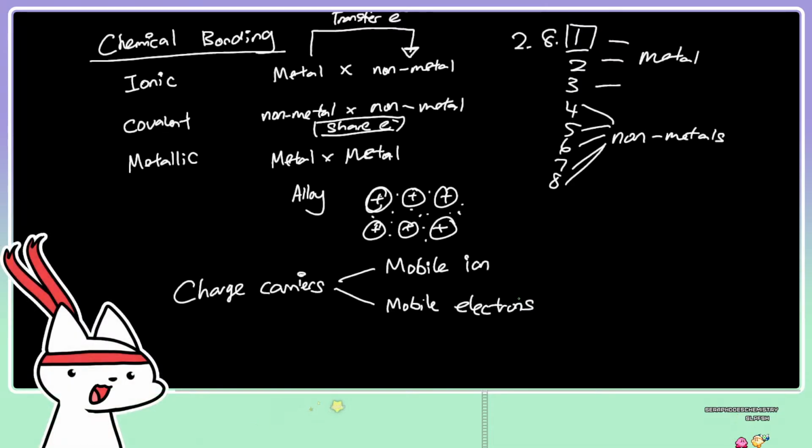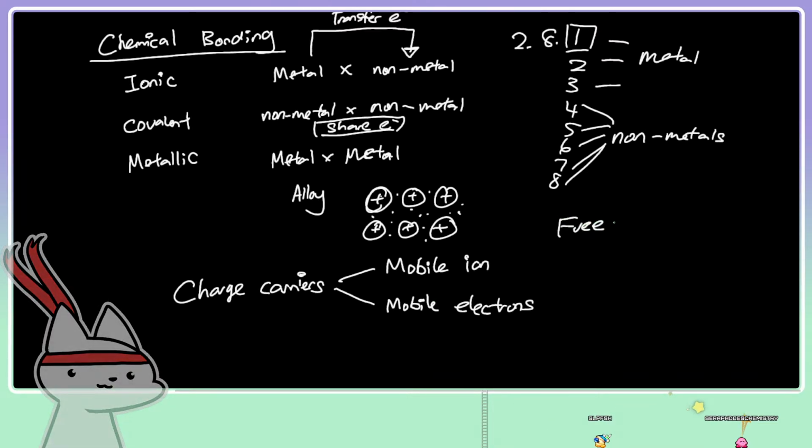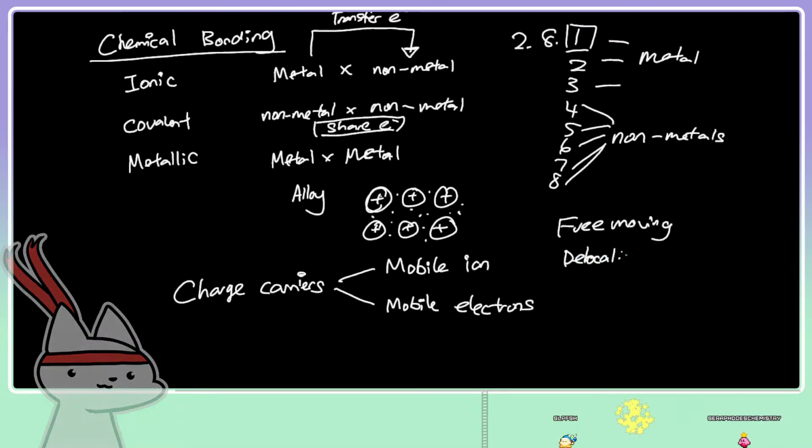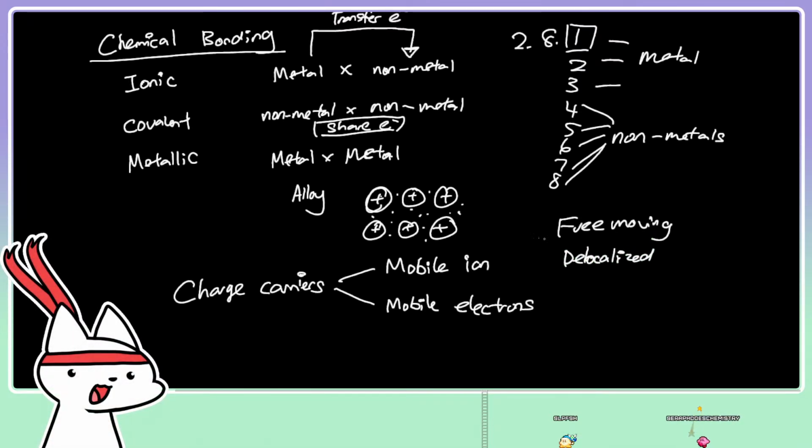Even for electrons, sometimes you don't like the word mobile, so you use the words free-moving, delocalised, etc. Right? So that's that.